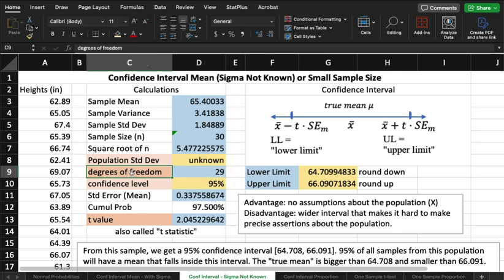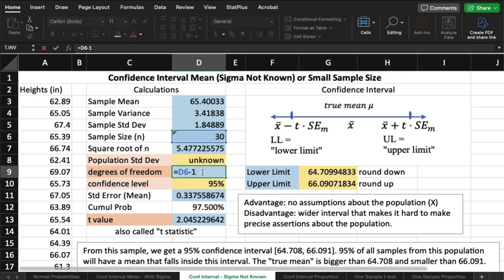That takes a lot longer to explain than it is worth explaining right now, but it's basically one less than your sample size. So we have to type equals D6 minus 1. So it's always your sample size minus 1. That is the degrees of freedom, and that's going into cell D9.